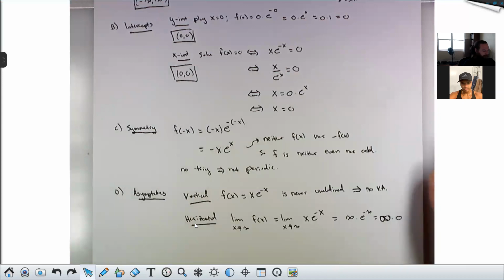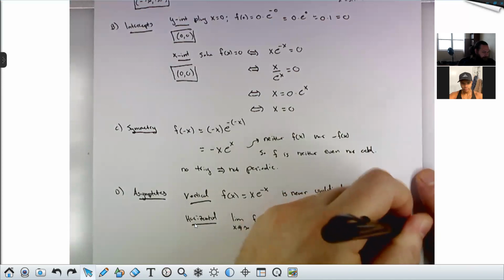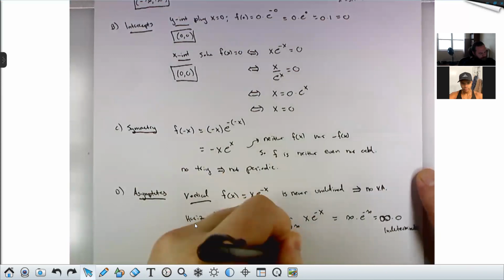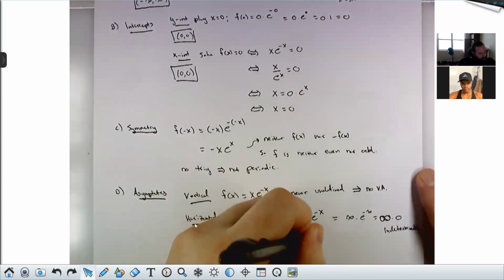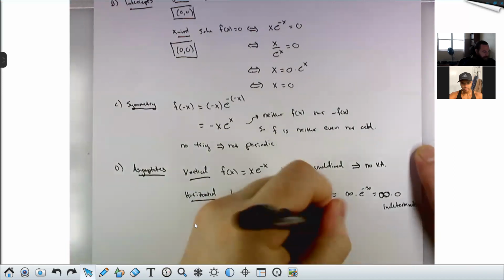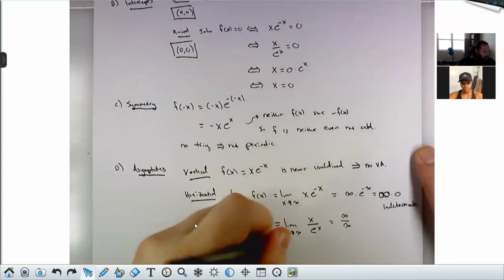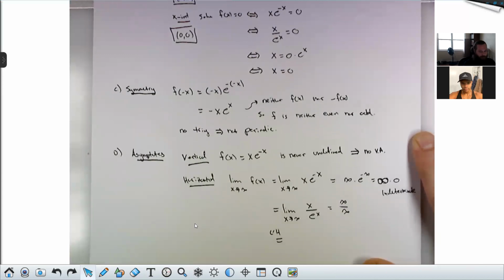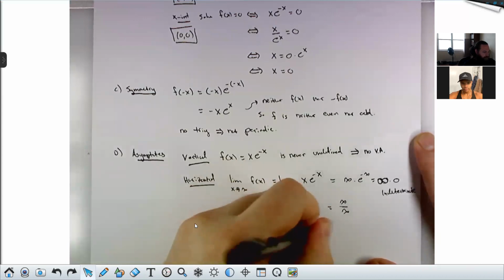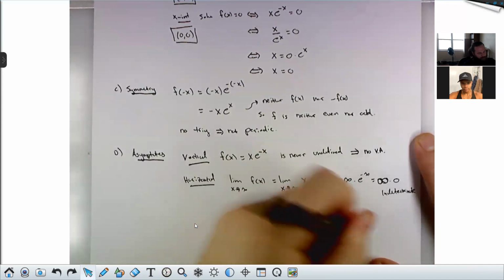And that's indeterminate. So I have to rewrite this as the limit as x goes to infinity of x over e to the x. And now this looks like infinity over infinity, so I can use L'Hopital's rule. And I get the limit as x goes to infinity of 1 over e to the x, which is 1 over infinity, which is 0.